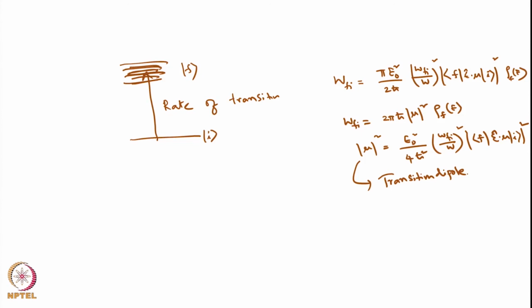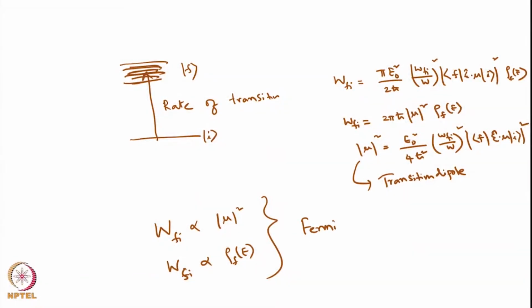So you can think of it like this: your rate constant WFI is proportional to modulus of mu square, and WFI is proportional to rho f of E. So the rate for the transition between I and the dense states F is given by the transition dipole and the density of states, and these constitute Fermi's golden rule.